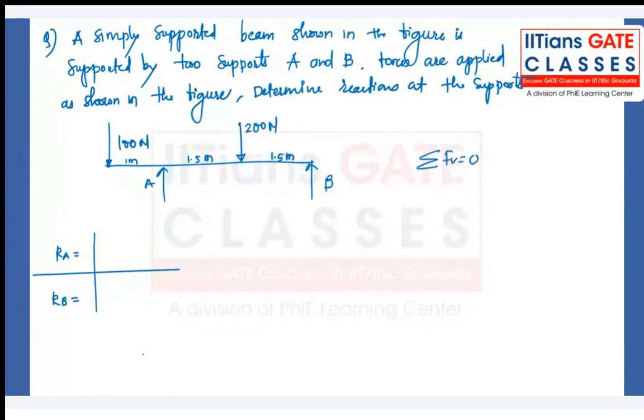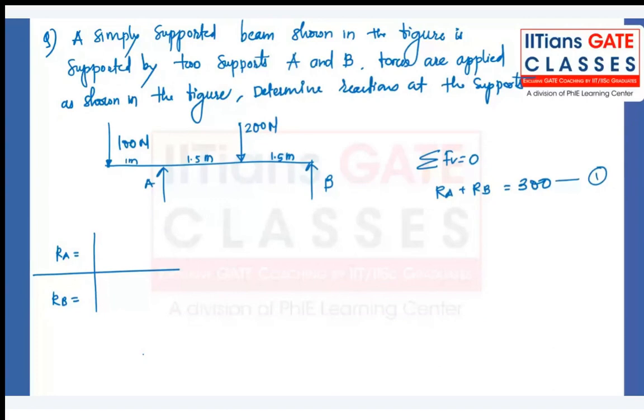So RA plus RB is equal to 300. 300 means 100 plus 200. Write it as equation number 1. Horizontal forces are not there, so you need not use that equation of equilibrium. As the force system here is coplanar non-concurrent, you can also apply moment equations.